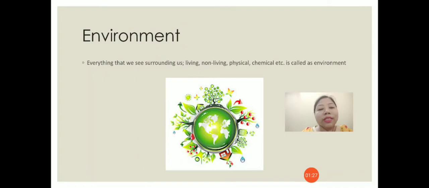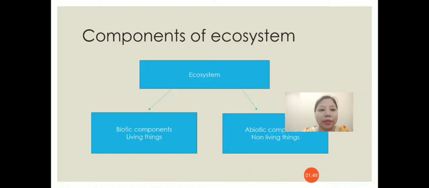Now, what is environment? Everything that we see around us or everything that is surrounding us, whether it is living, non-living, physical or chemical, is called environment. So, anything which surrounds us or whatever we see around us is called environment.